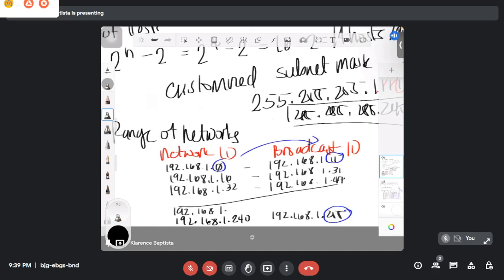So, yung 240, either pwedeng magbawas ka pa ng 16, di ba? Okay? So, pag nagbawas ka ng 16, it's 224. So, pwede mo na rin makuha yung range niyan, 192.168.1.239. Okay? So, ayan.